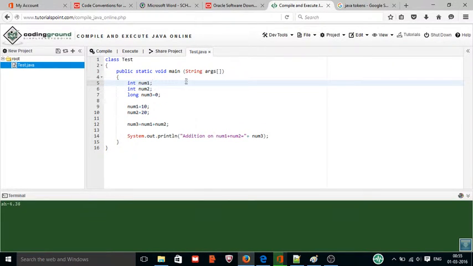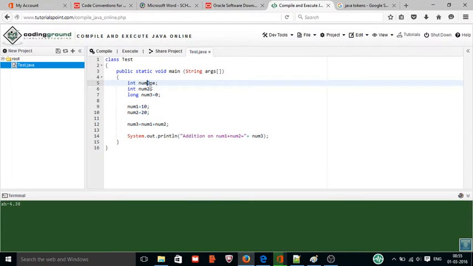Suppose I want to change this variable name. For num1, I would like to say something like numOne. The rule says for a variable, the first word should start with lowercase, and then any subsequent word you have to start with uppercase. So that's why I have written this O as capital or uppercase.